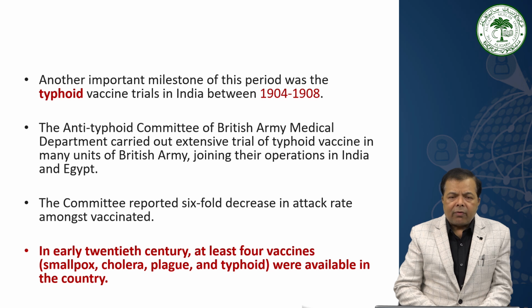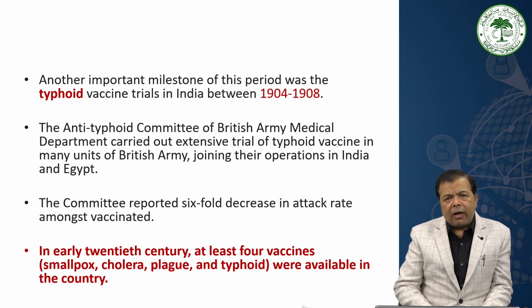The Anti-Typhoid Committee of the British Army Medical Department carried out extensive trials of typhoid vaccine in many units of the British Army, during their operations in India and Egypt. And the committee reported a six-fold decrease in attack rate amongst the vaccinated. That means it was considered to be beneficial for the people, right?